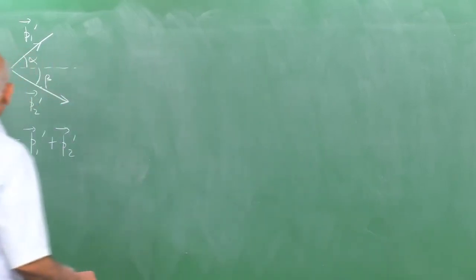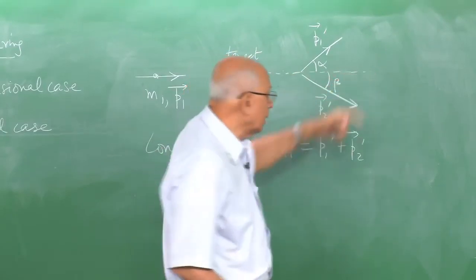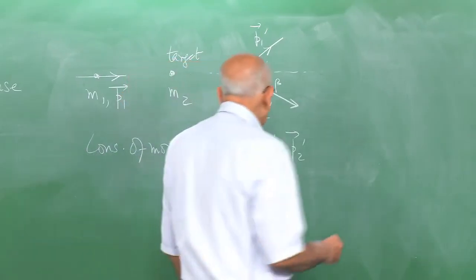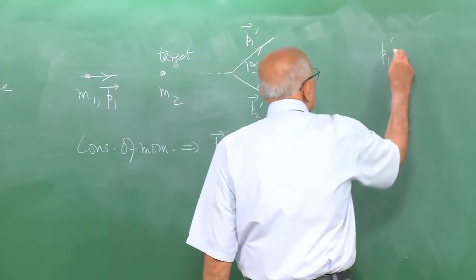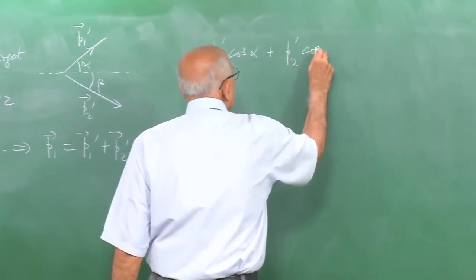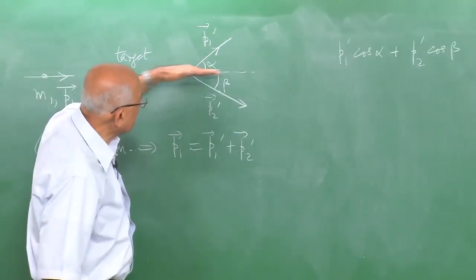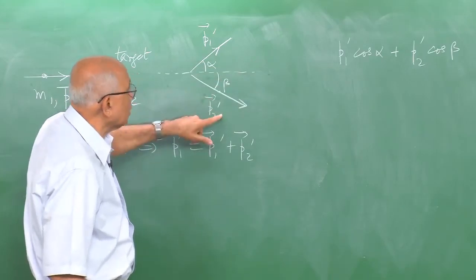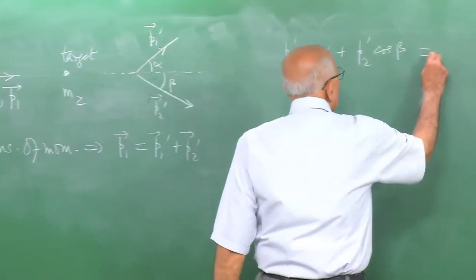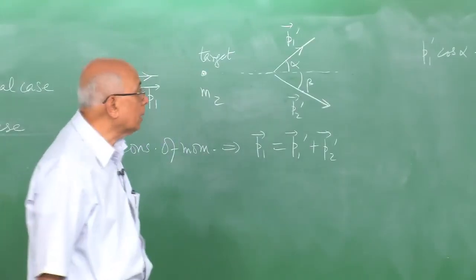So resolving these vectors along the incident direction, and using symbols without arrows for the magnitudes, it follows that P1 prime cos alpha plus P2 prime cos beta, the projection of this vector in this direction, must be equal to P1, the magnitude of the initial momentum.